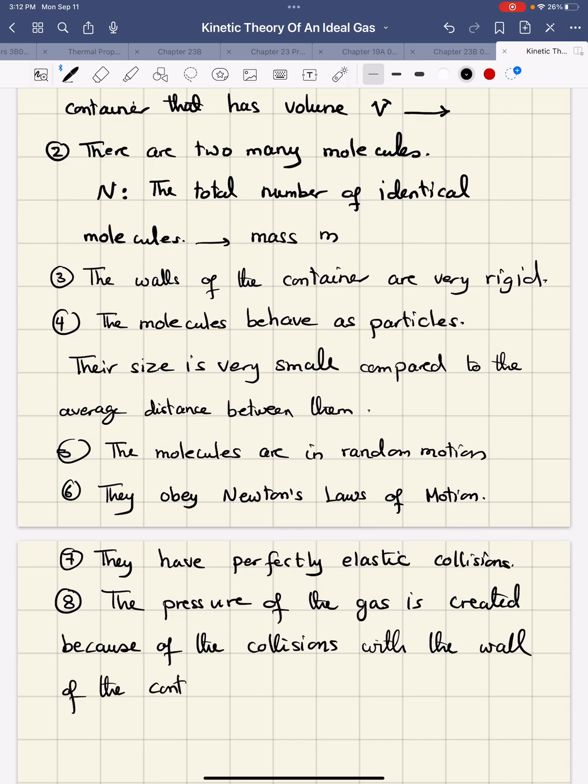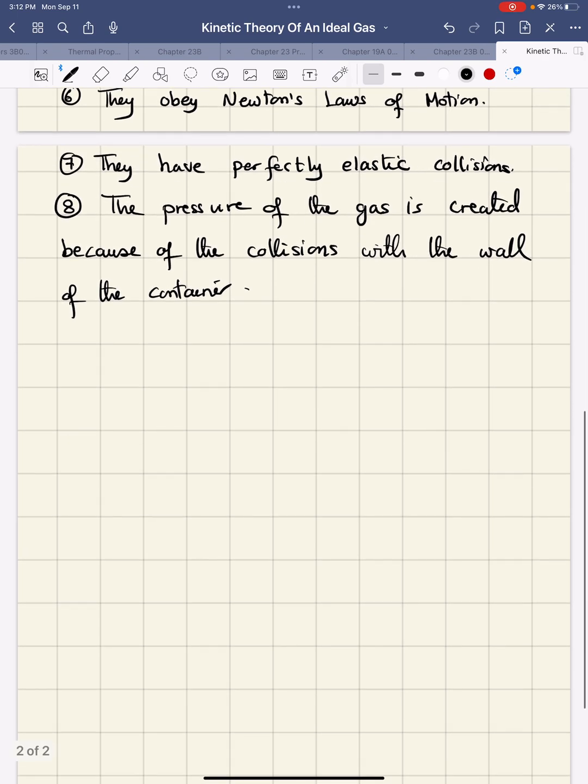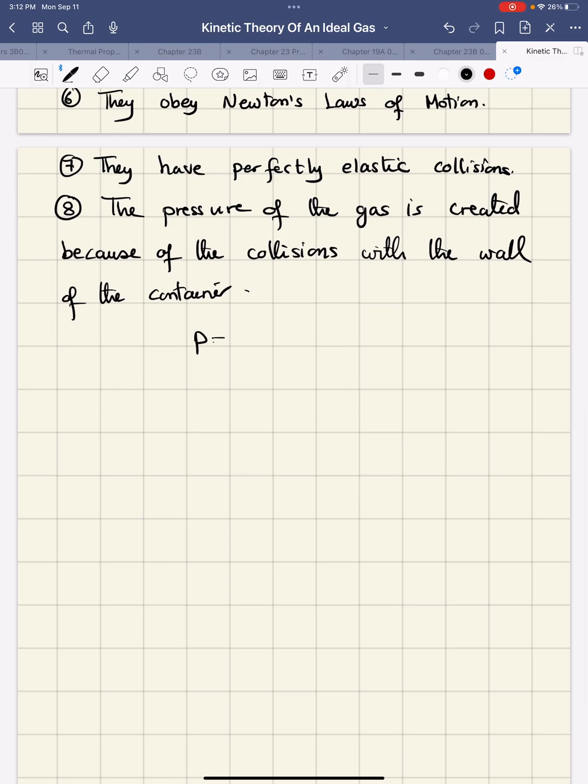These are really assumptions that we have assumed so that we will be able to derive an equation for the pressure. And I will not go over the derivation. I will say right away, P equals N m Vx squared.